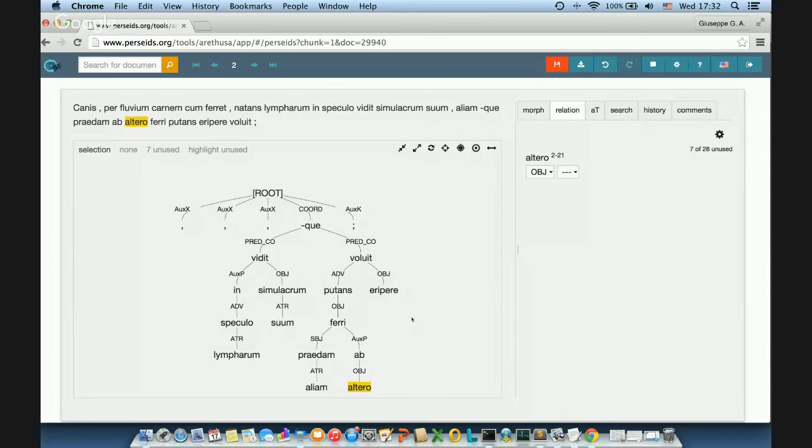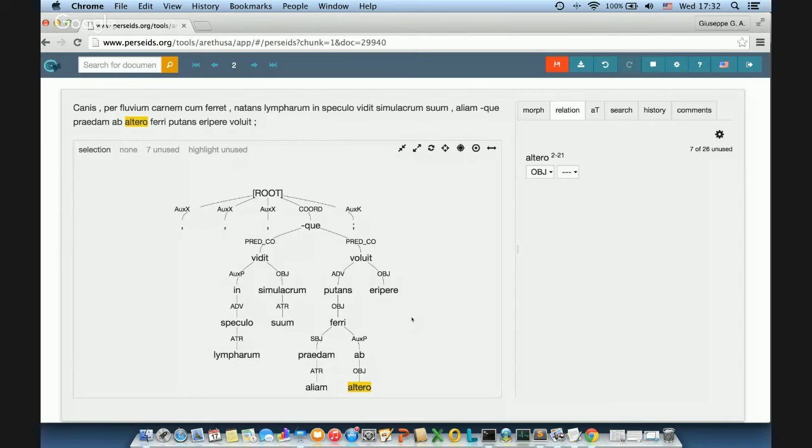We here decided to follow the terminology developed at Prague, and they decided to use this term in order to mean argument. To be more precise, this was a further development of the Latin Dependency Treebank, because in the Prague Dependency Treebank, things are a little bit different.